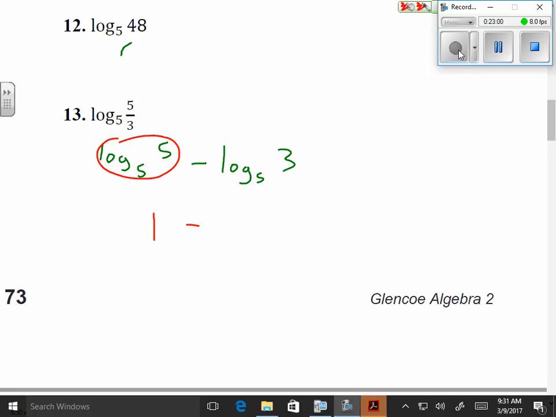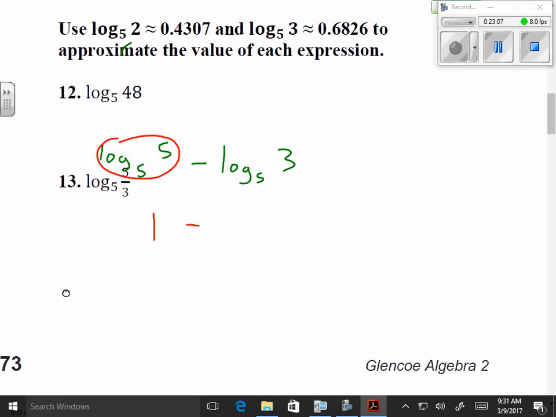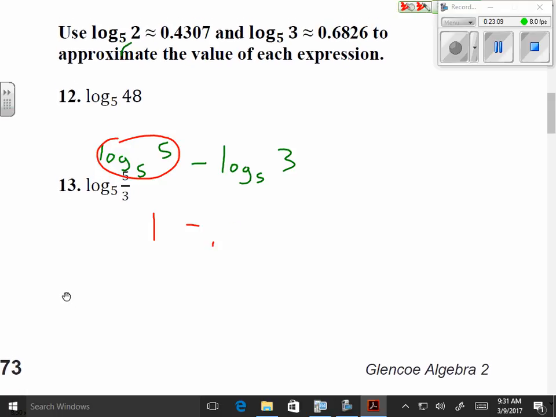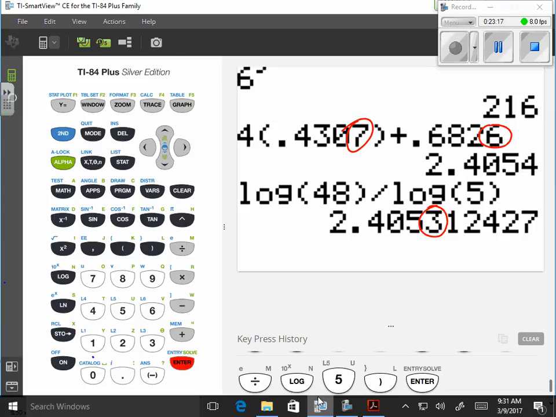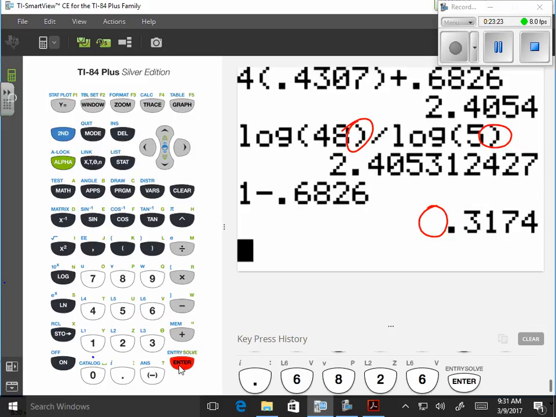And then what was that number? What you get should be your answer. So 0.3174.